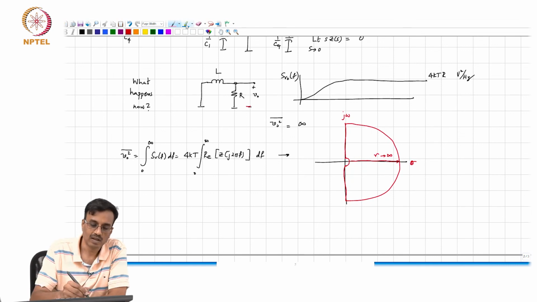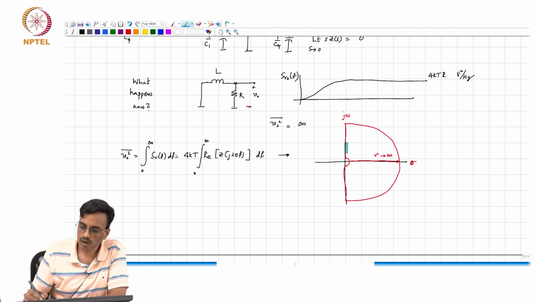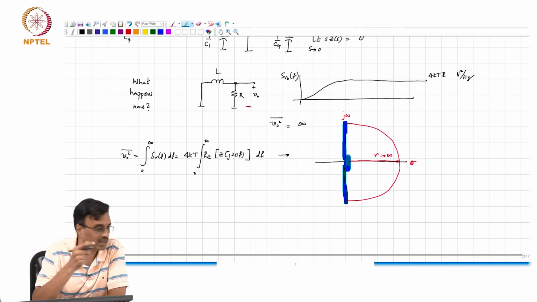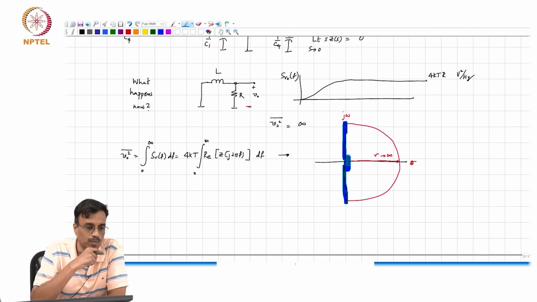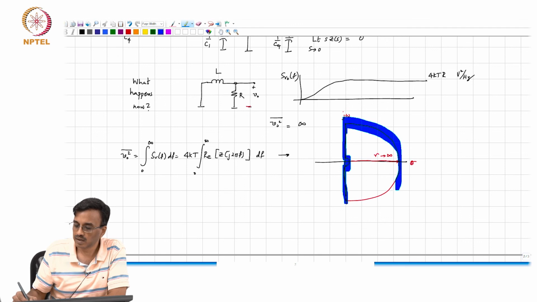I leave this as an exercise for you to work out, but basically it can be broken up into three parts. One on that small circle whose radius tends to 0, which is necessary to take care of a potential pole at the origin, and this guy here.